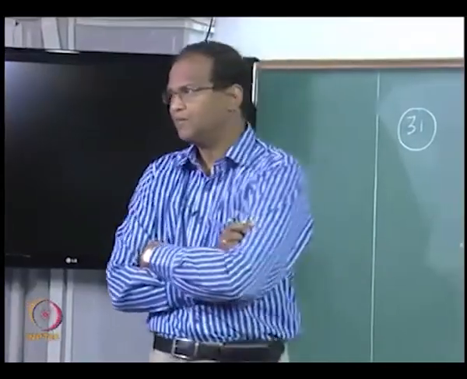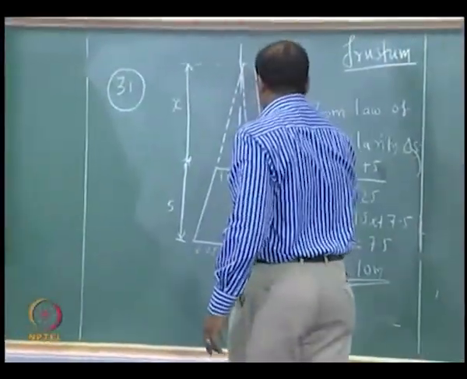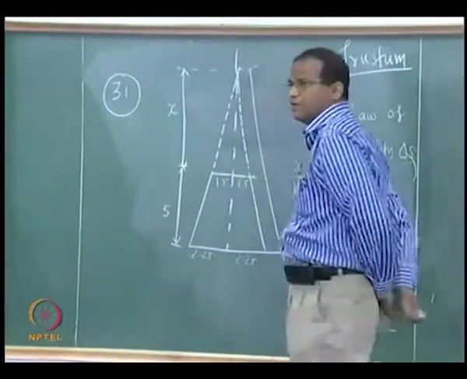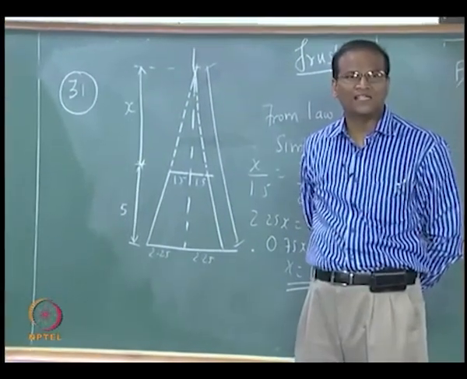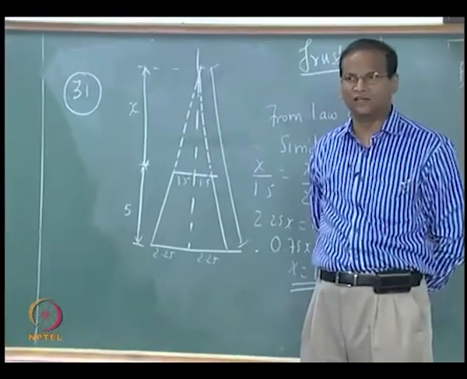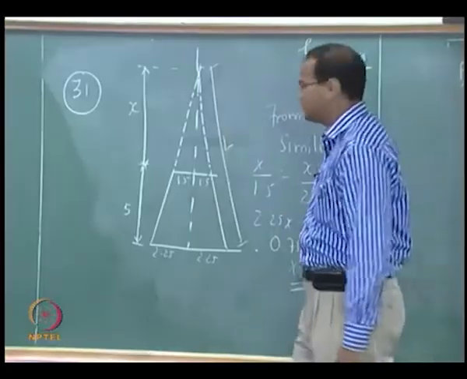Okay. Now, the surface area of the cone is pi r L, where L is the slant length. So you have to find out the slant length now. Okay. So L is the slant length.